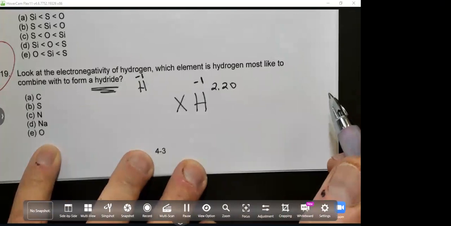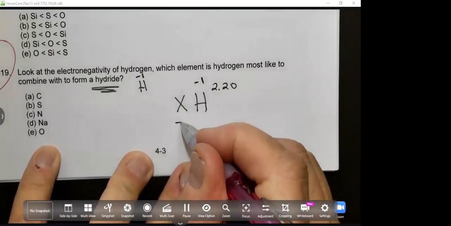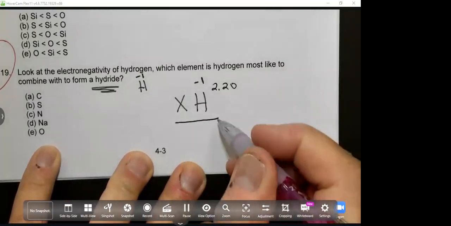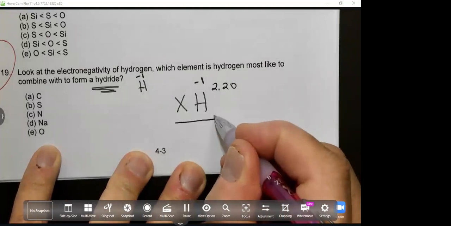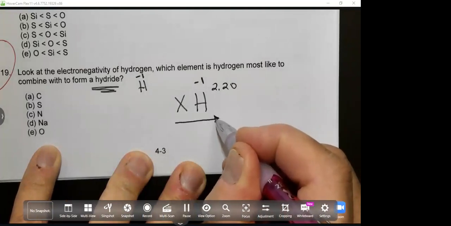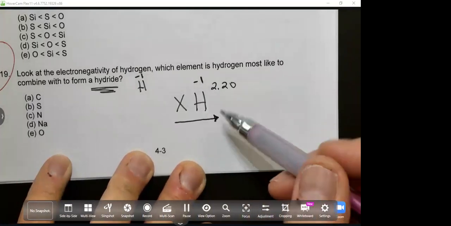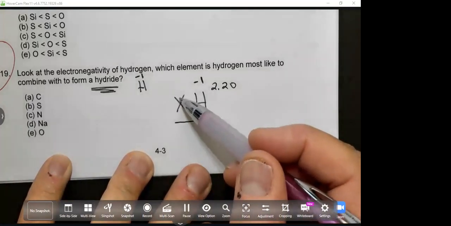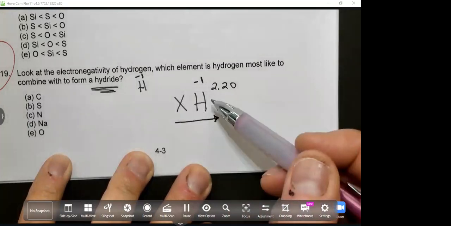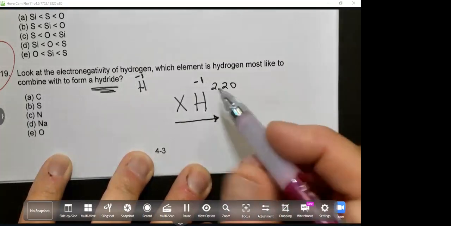2.20. For the bond dipole, we know that the negative charge has to point towards hydrogen. That means the electronegativity of this element here has to be less than hydrogen, for hydrogen to win.